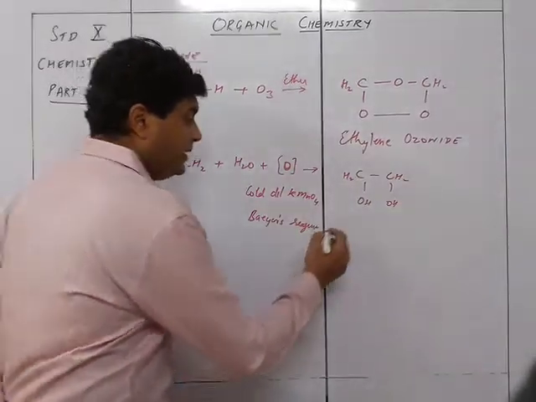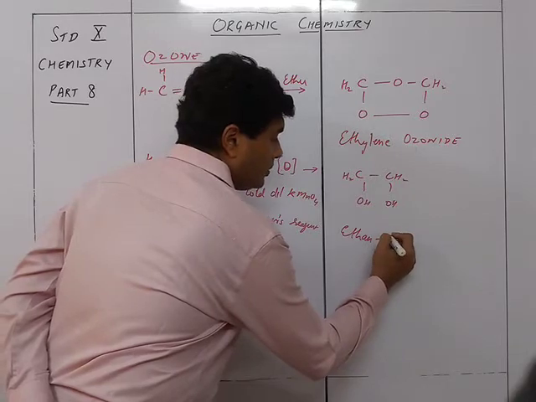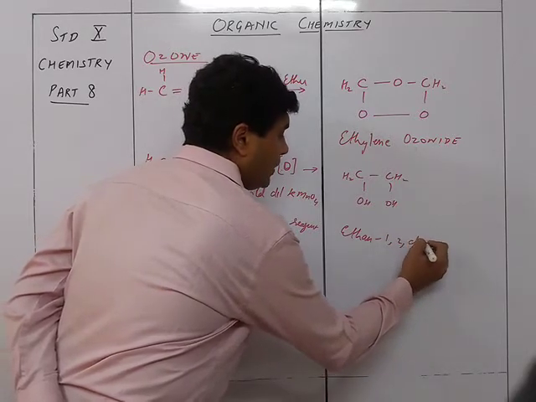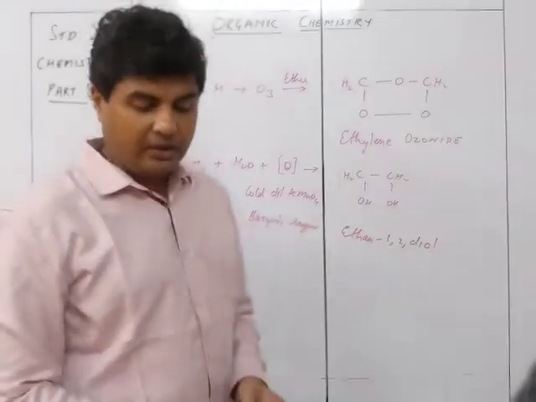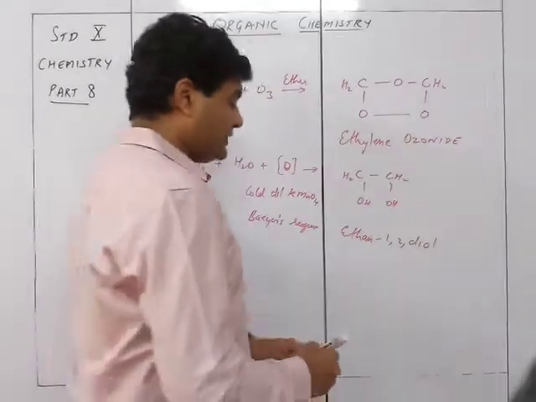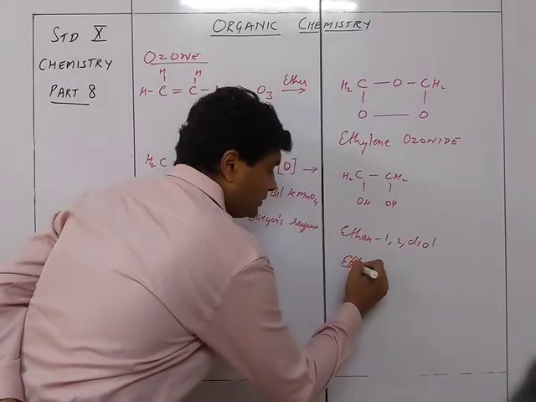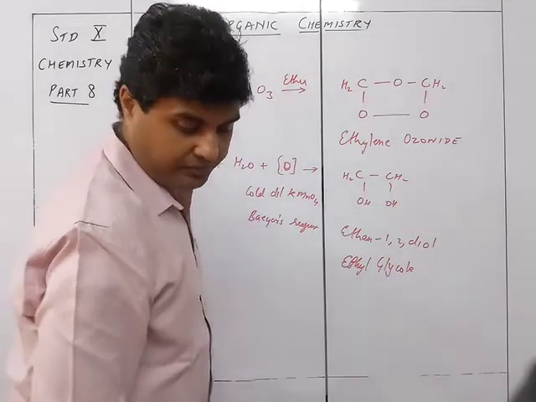That is nothing but ethane-1,2-diol. There are two alcohols over here. It is also called glycol. When it is a diol like this, it is glycol, so it is ethylene glycol.